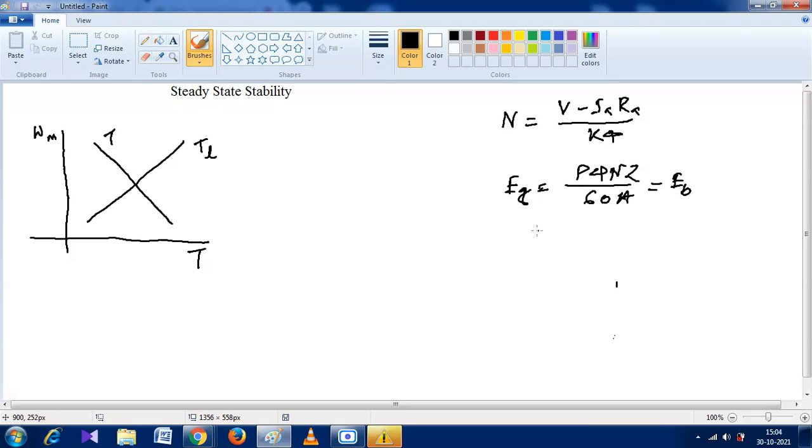So from that equation we can write N is equal to EB by KΦ. What is the value of K at that time?